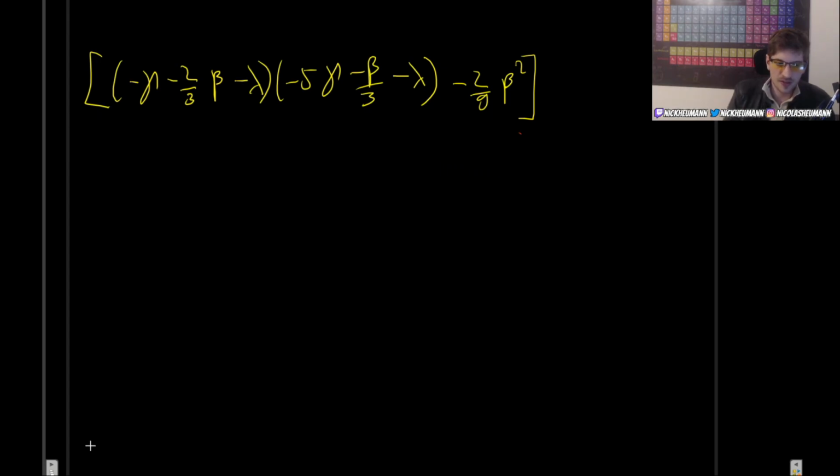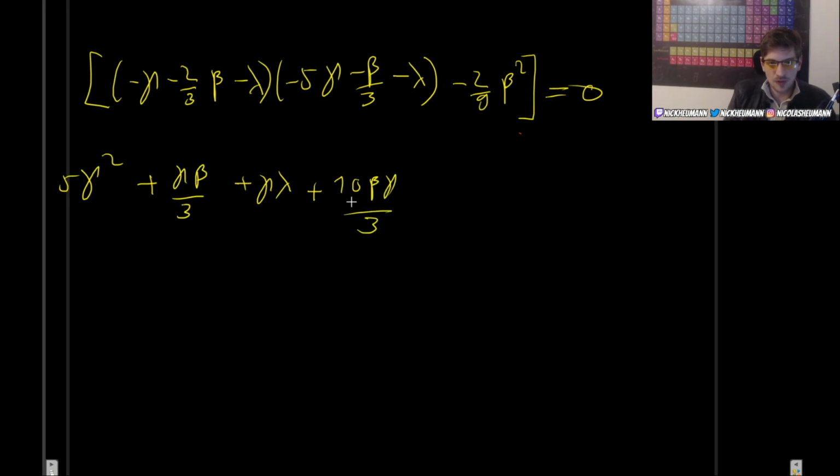So we know, of course, that this has to be 0. So let's multiply through. We get 5 gamma squared. Then we get plus gamma beta over 3 plus gamma lambda. Then we get plus 10 beta gamma over 3 plus 2 beta squared over 9 plus 2 lambda over 3 times beta.